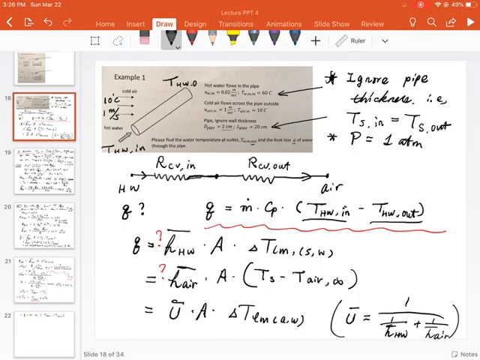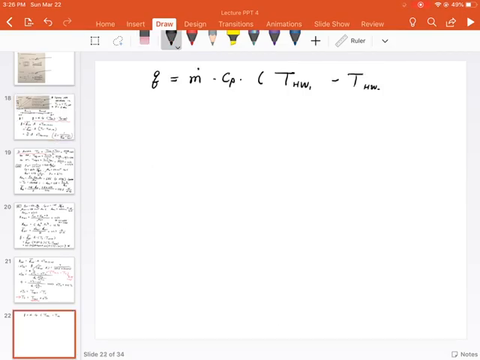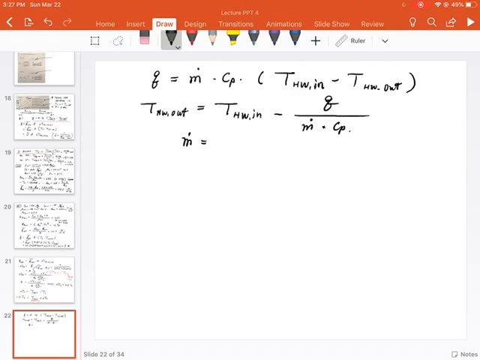Because the water is being cooled, it is the inlet temperature minus the outlet temperature. Therefore, the outlet temperature, and M is the mass flow rate, density times the volumetric flow rate. The volumetric flow rate equals the velocity times the cross-sectional area of the pipe.